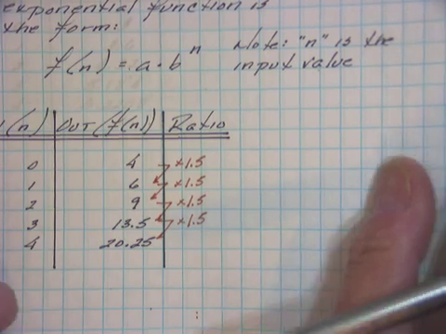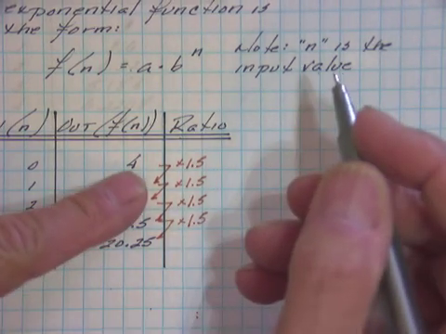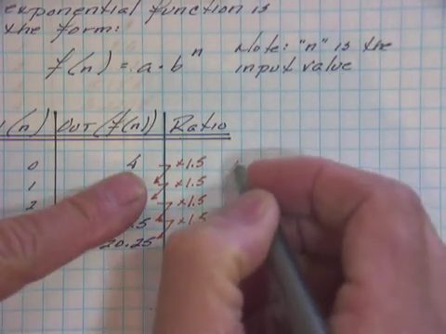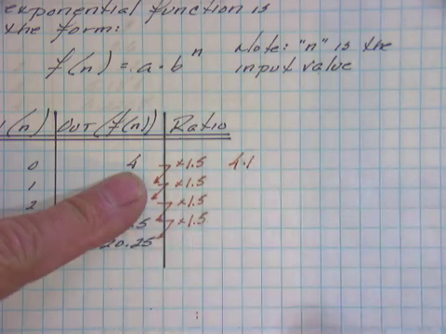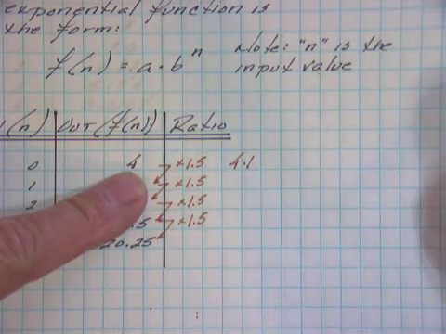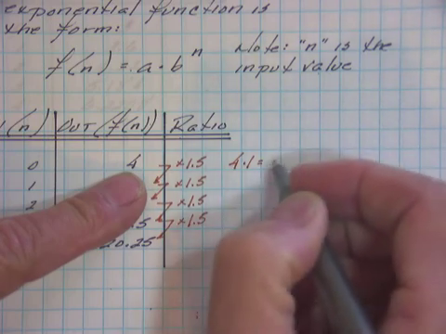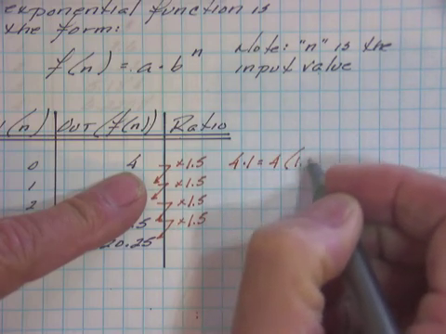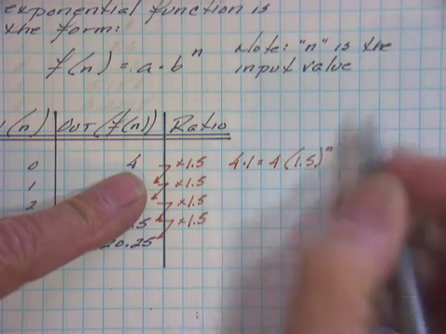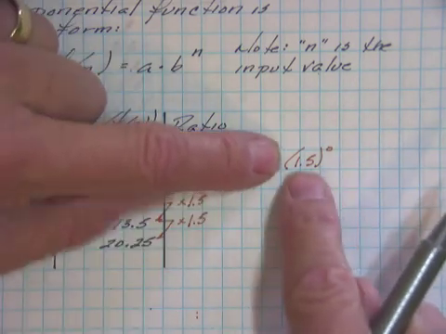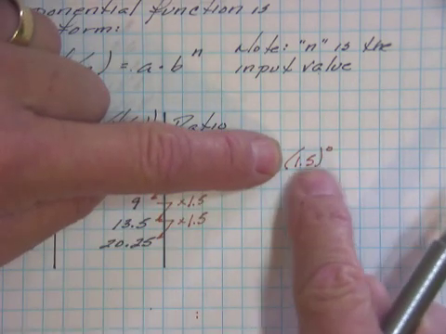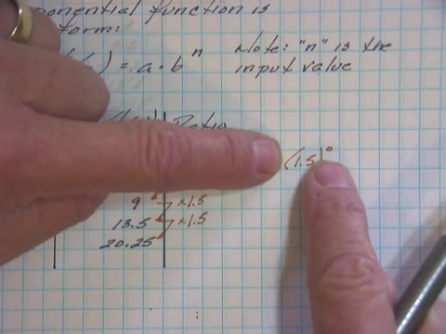Now, let's look at this a little bit. We have 4 here, and 4 is equivalent to 4 times 1, right? We can all agree 4 times 1 is 4. But what I want you to do is think of this as 4 times 1.5 to the 0 power. Now we know anything to the 0 power is 1.